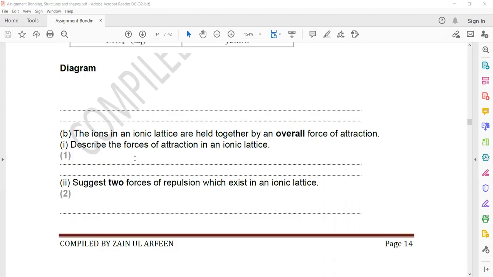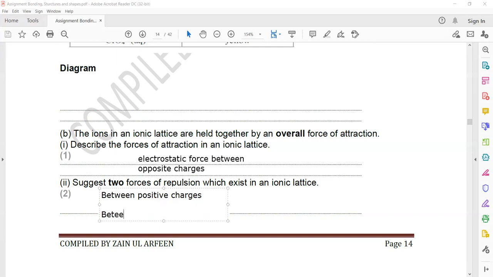And here there is an electrostatic force between the opposite charges, and two forces of repulsion that exist, between the positive charges and between the negative charges. These are the forces which exist.